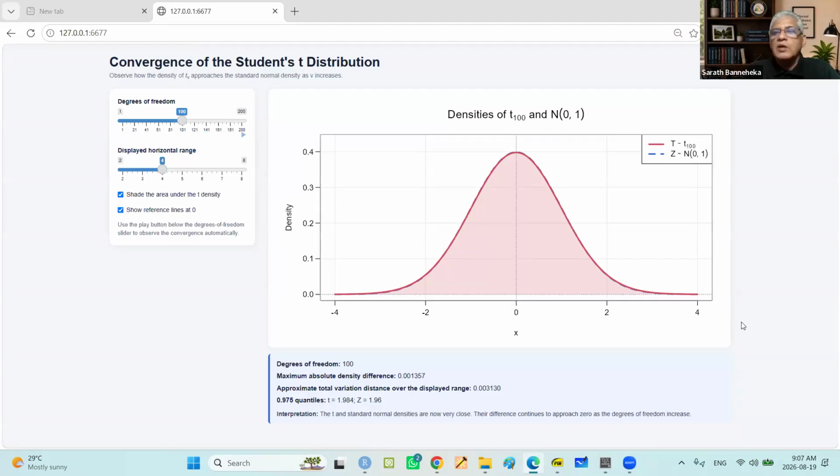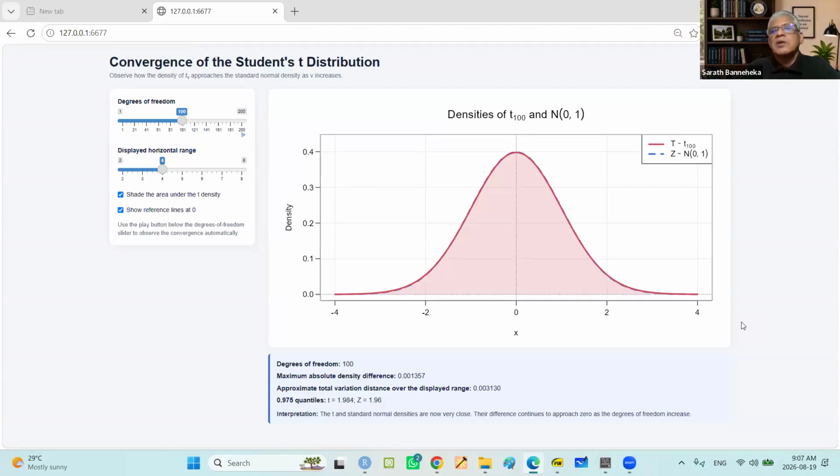For a reasonably large degrees of freedom, the difference mainly exists in the tails, because the T distribution with small degrees of freedom usually has very heavy or long tails.